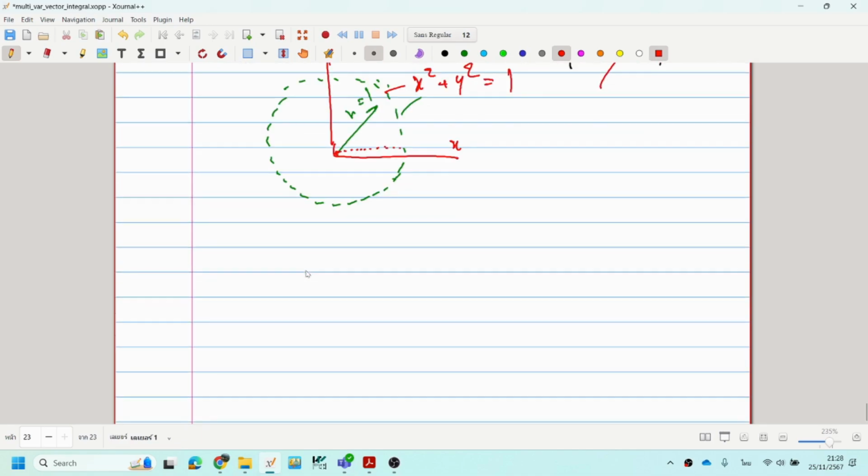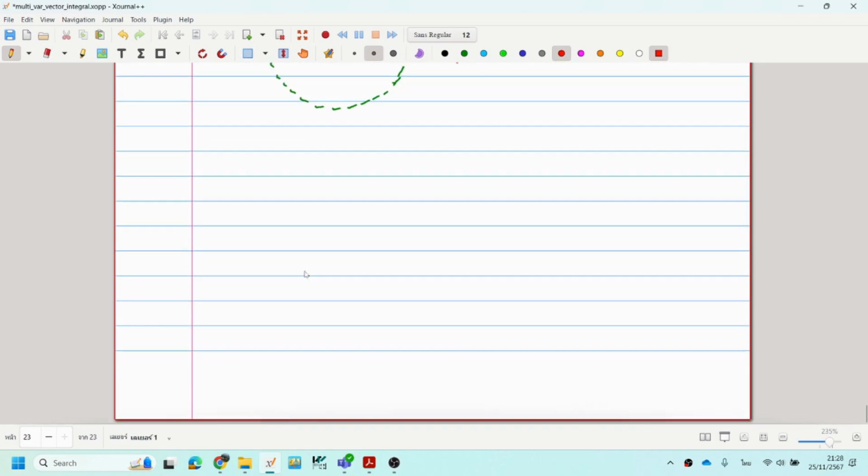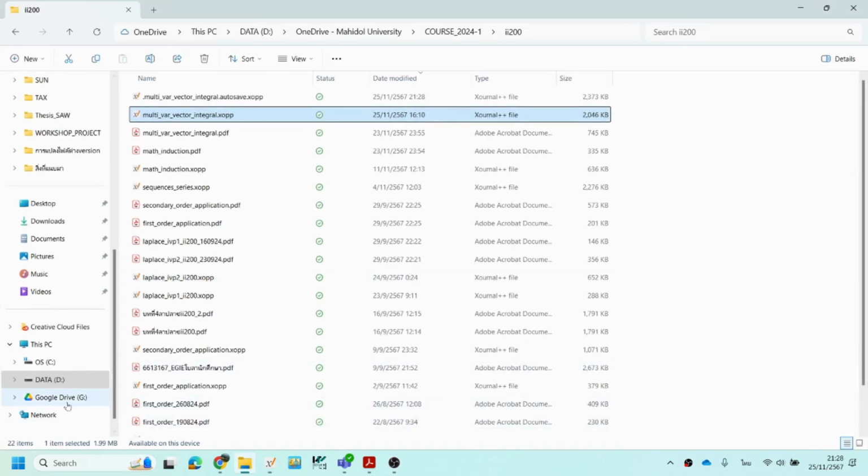I don't know if you have ever known about polar coordinates before. I will show you about this. I refer to a Thai book.